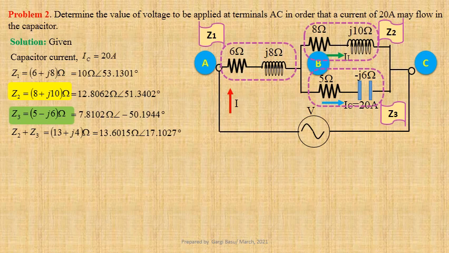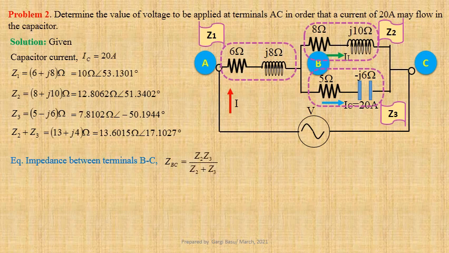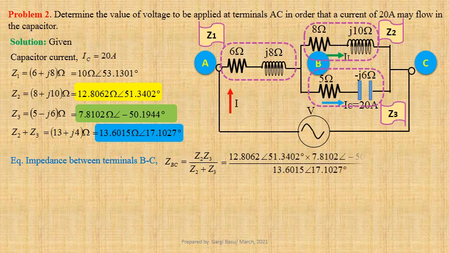17.1027 degree. Now we shall determine equivalent impedance between terminals B and C. ZBC equals Z2 into Z3 divided by Z2 plus Z3. Using values, we get 12.8062 at an angle 51.3402 degree into 7.8102 at an angle minus 50.1944 degree divided by 13.6015 at an angle 17.1027 degree.